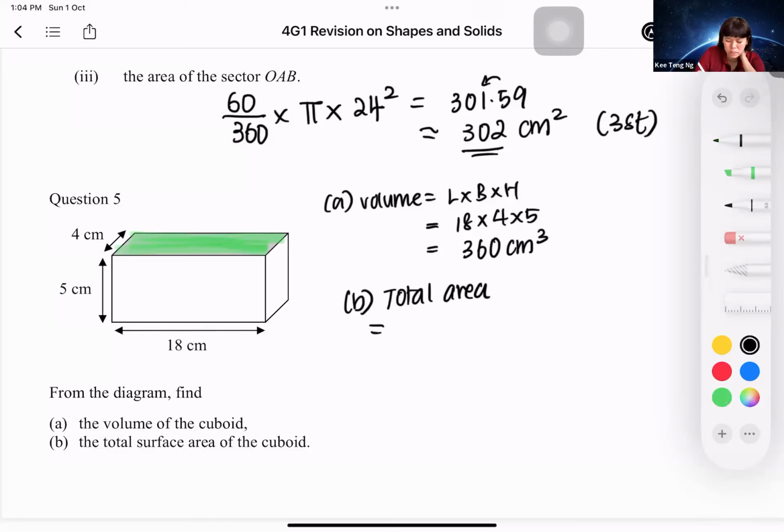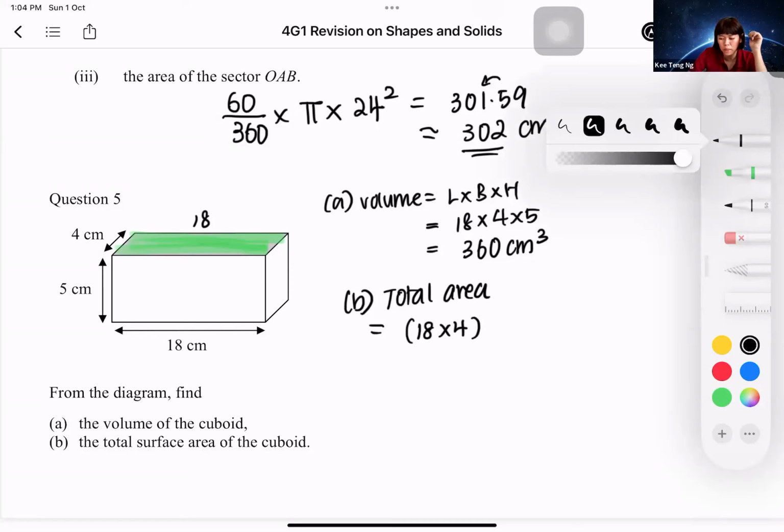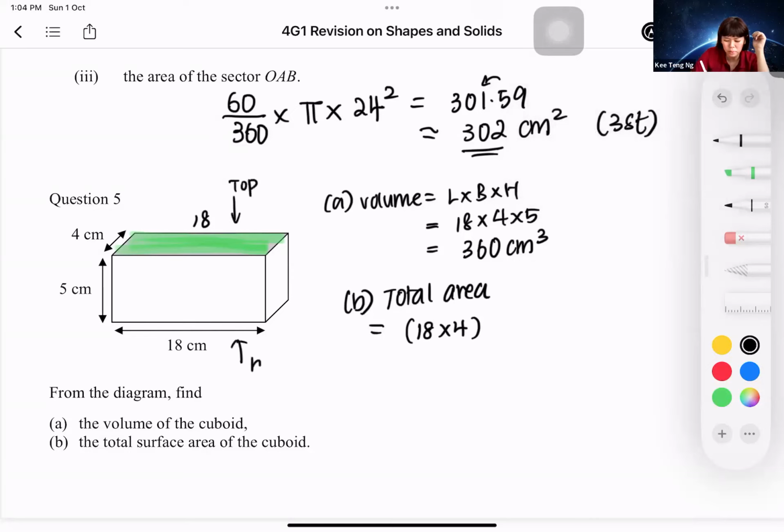This is 4 cm and the length here is 18 cm. So the area of the top will be 18 times 4. But there will be two of them, the top and the bottom, so you times 2.